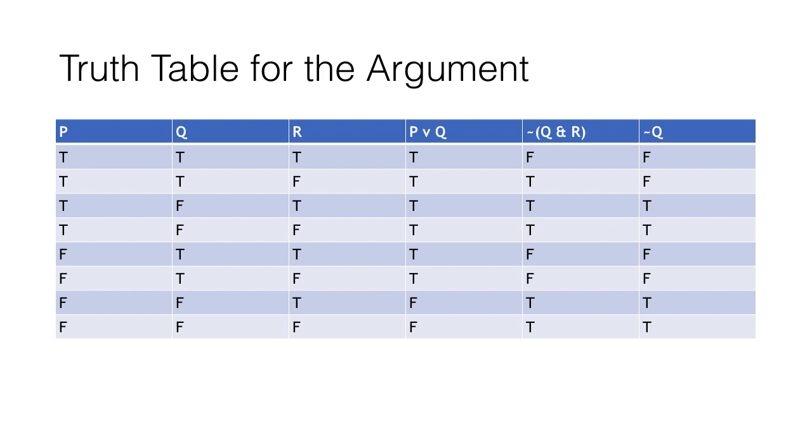Well, is it or not? Well, it is. There's only one possible line of the argument where all of our premises are true. Every other line, at least one of our premises is false.